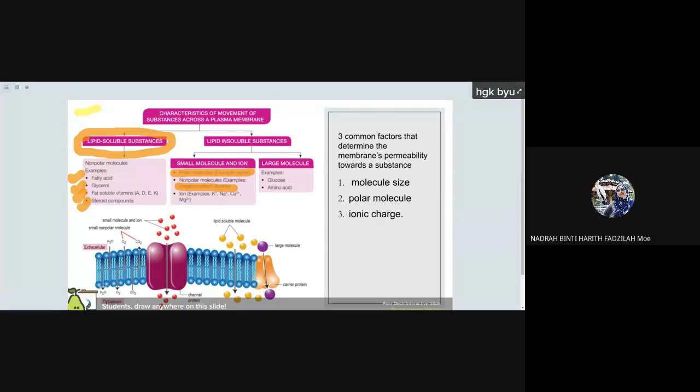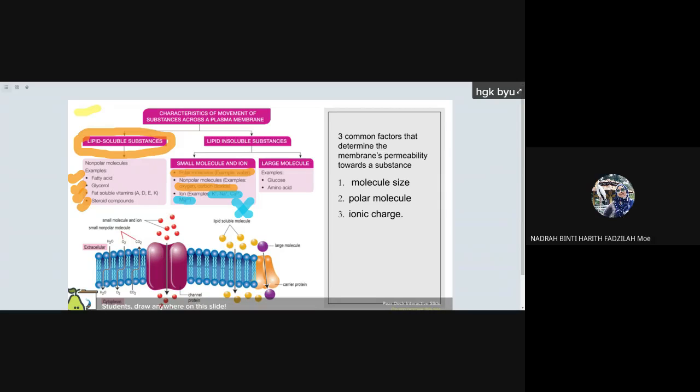If the substance is small but it is ionic, mempunyai charge, sama ada positif atau negatif, it cannot dissolve through phospholipid bilayer.